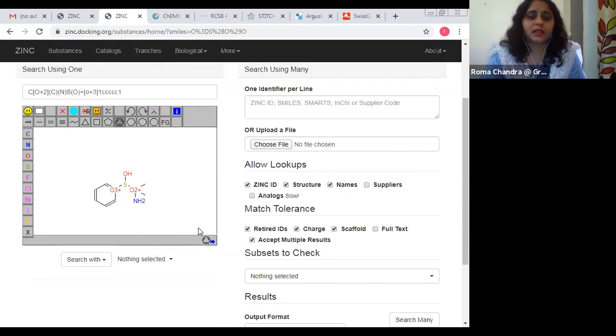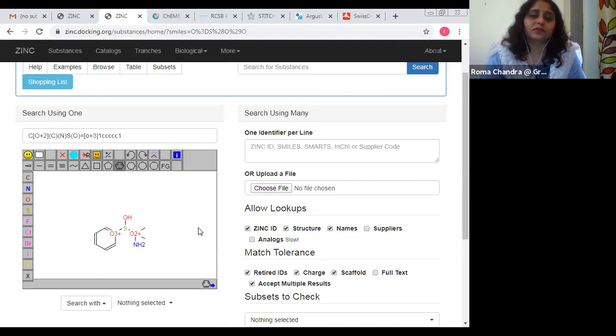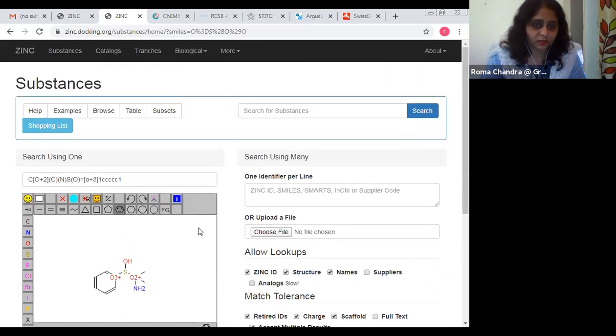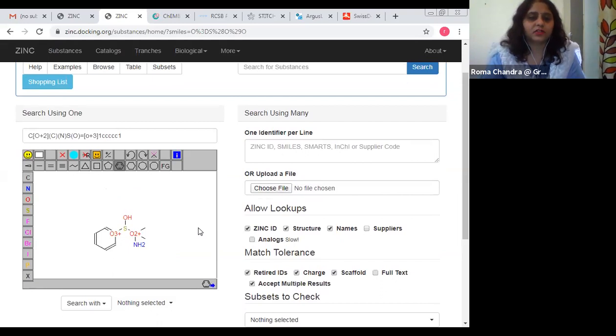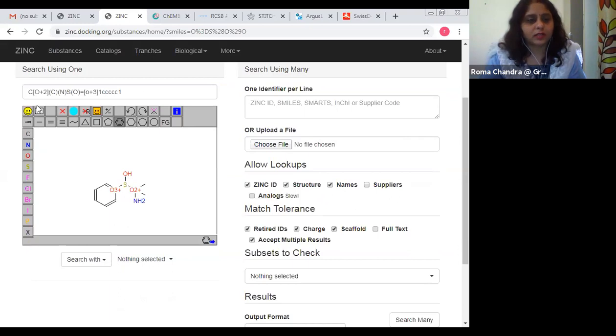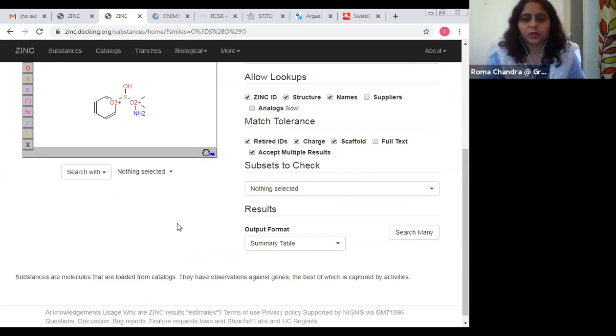So the Zinc database will help you retrieve the structures for your compounds, and it will also help you create a structure. Based on the compound you are considering, if it is a suitable compound, you can construct it here and go on to study whatever compound you want.